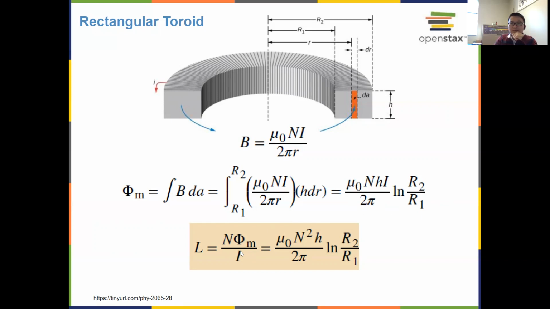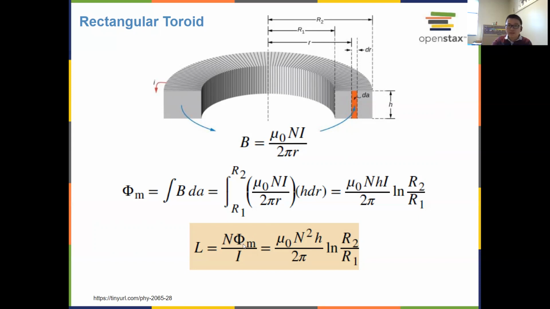In this case, this is just the flux for each coil. For each coil, you do have to multiply by N because for a toroid that amplifies.